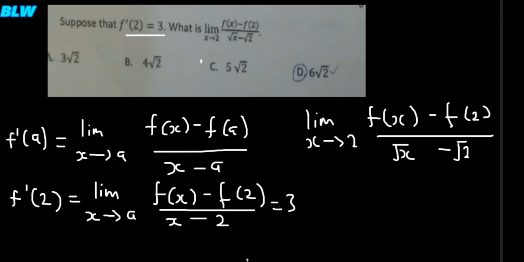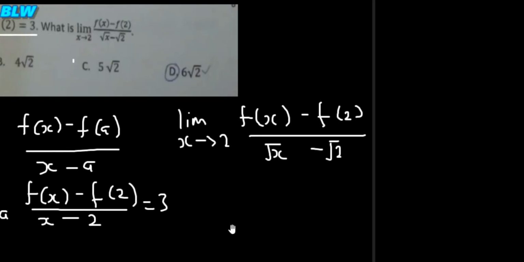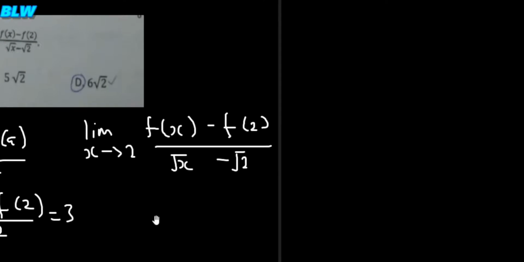So this is what we have. The best thing to do here is to multiply by the conjugate of the denominator, since when we put the value of 2 here, we have a certain number over 0, and this will be indeterminate. So for that matter, we have to simplify this.